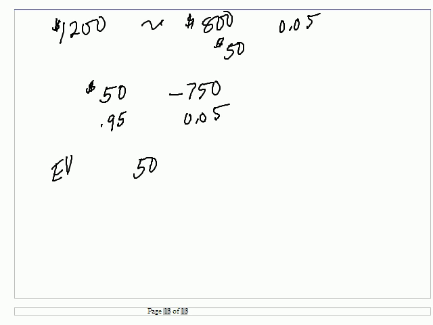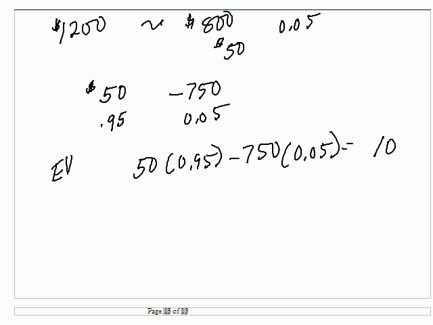It's 50 times 0.95 minus 750 times 0.05, and that's something like $10. Okay, so the expected value on every policy is $10, and that's pretty good. You sell 1 million of them, you've got $10 million. They usually don't have a real high margin on these.